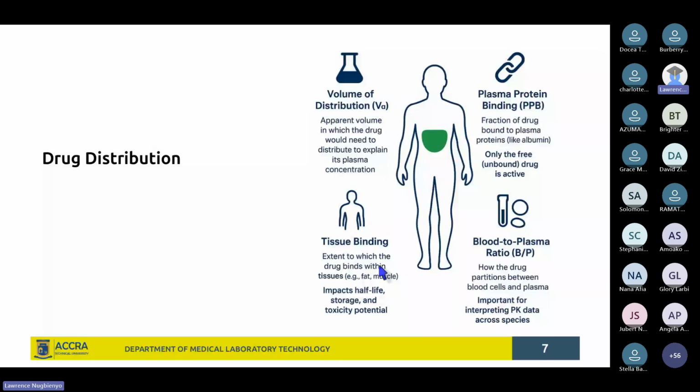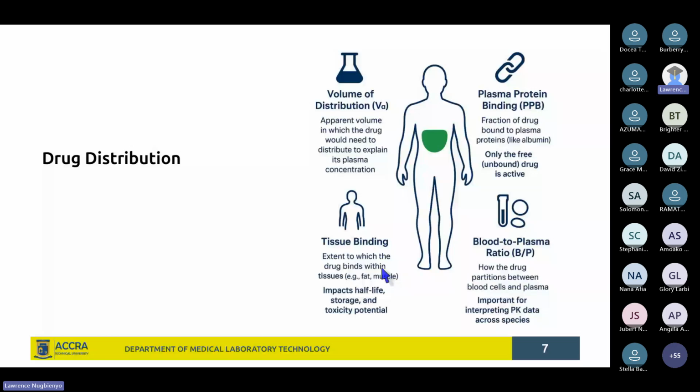Because if it's in the bloodstream moving, then it can get excreted much quicker when it gets to the liver. But if you have a lot of it getting bound, it means that the release of the substance into the bloodstream is going to be much, much more gradual. And so the half-life is going to be much longer.